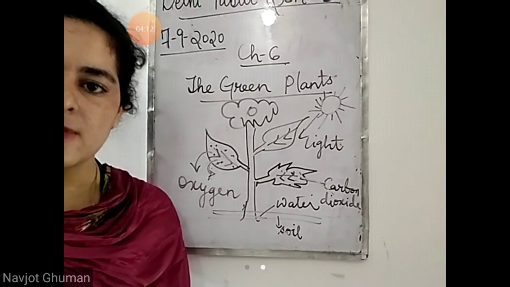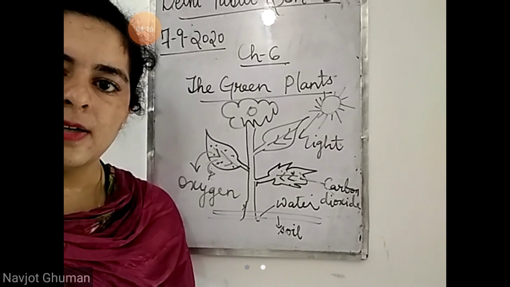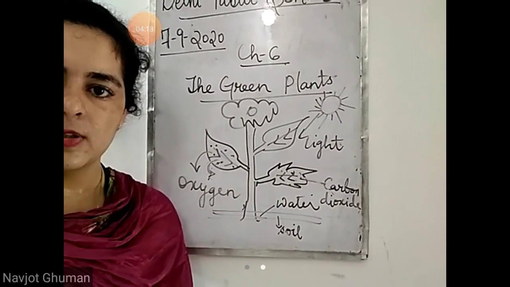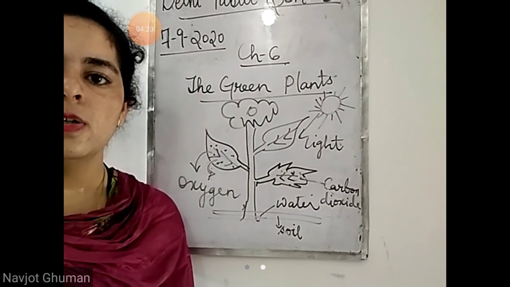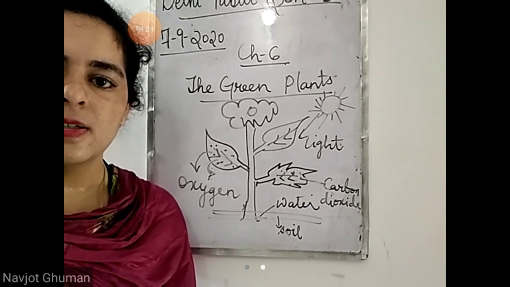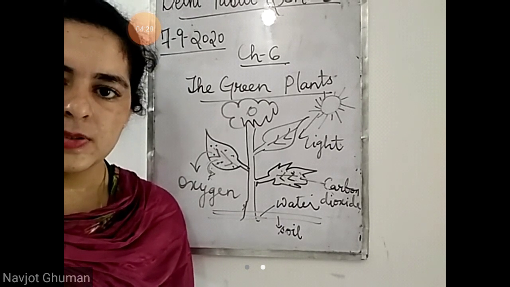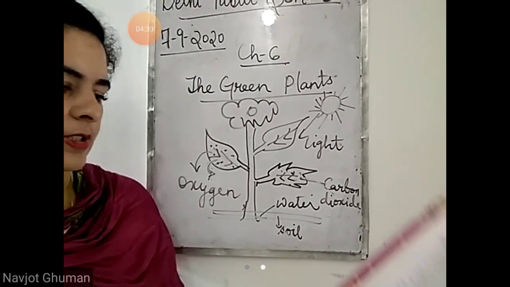So what is the function of stomata? Stomata let in air and let out air. They take in carbon dioxide and let oxygen out. And stomata also release water vapors from the leaves.